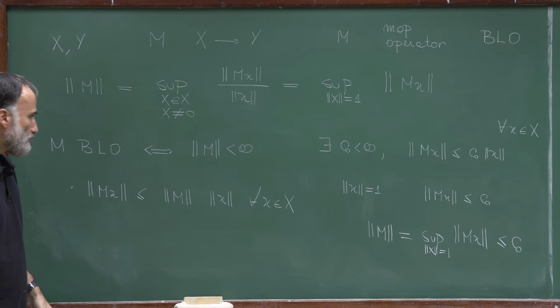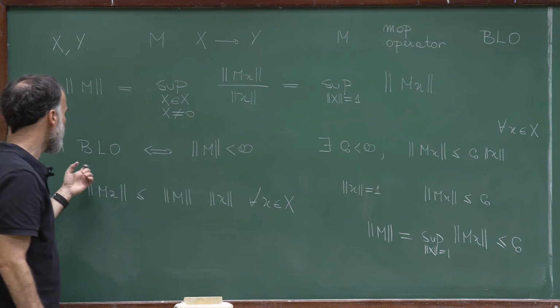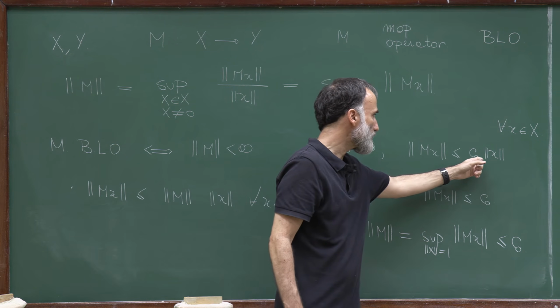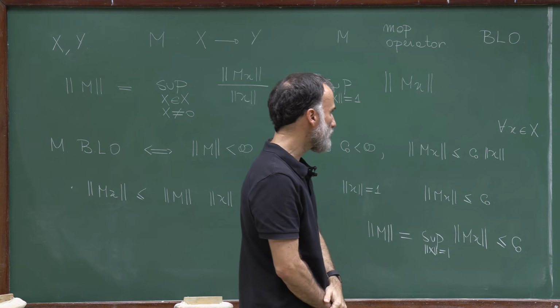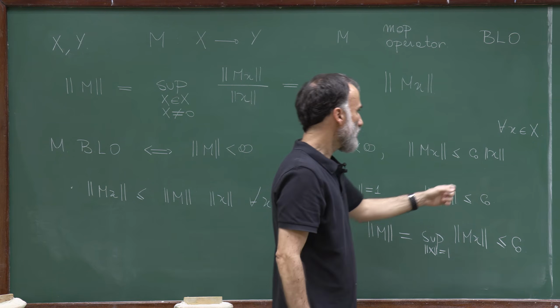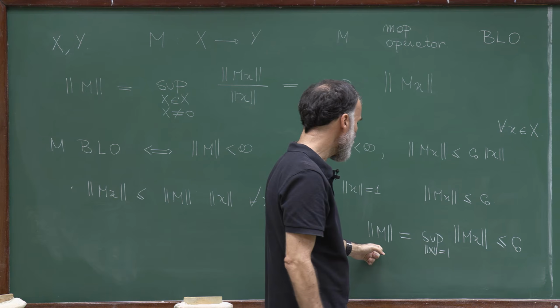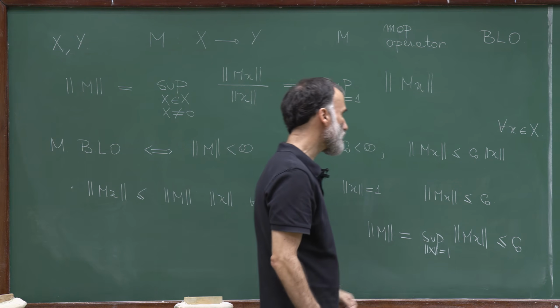And finally, if you have a bounded linear operator, we know that there exists a constant which satisfies this inequality for all x. The optimal constant, which means the smallest constant, is the norm of M due to this argument.